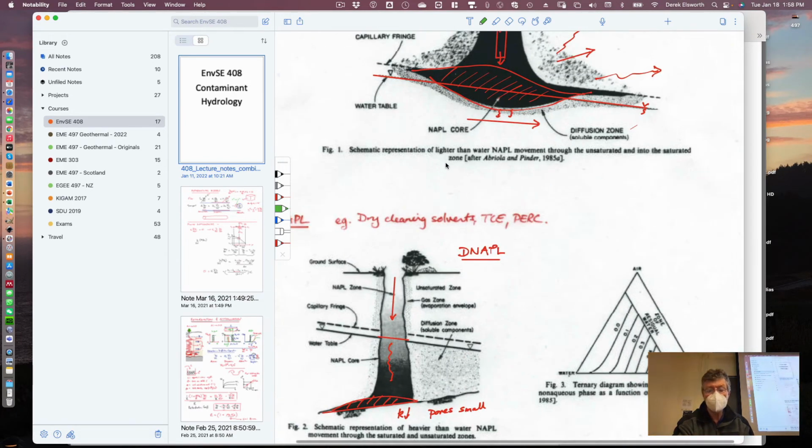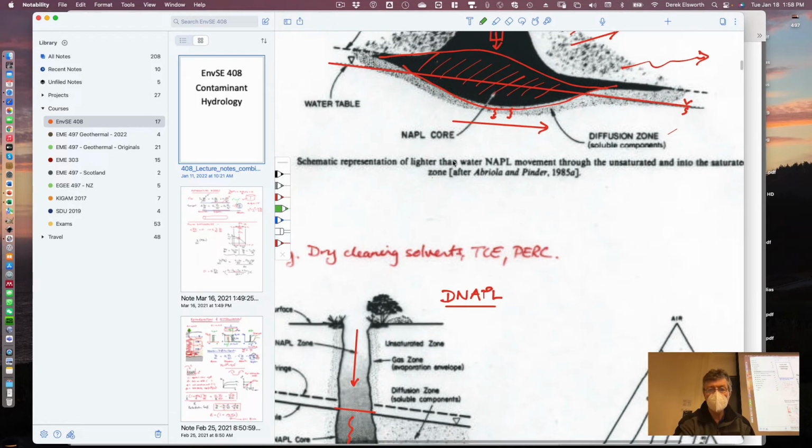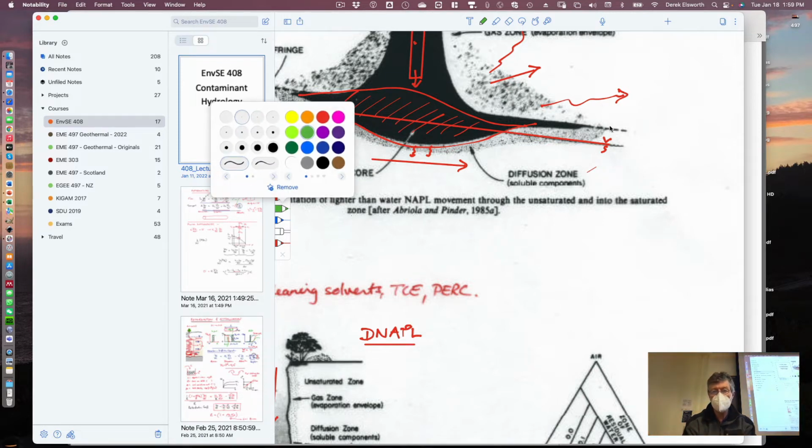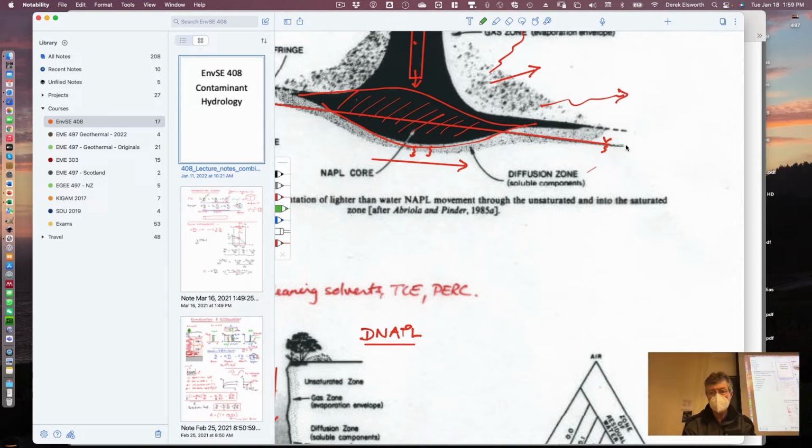Oh, this, right? We talked about this geometry here. And so the definition, if you took 452, the definition of a water table is that here the pressure is equal to 0.